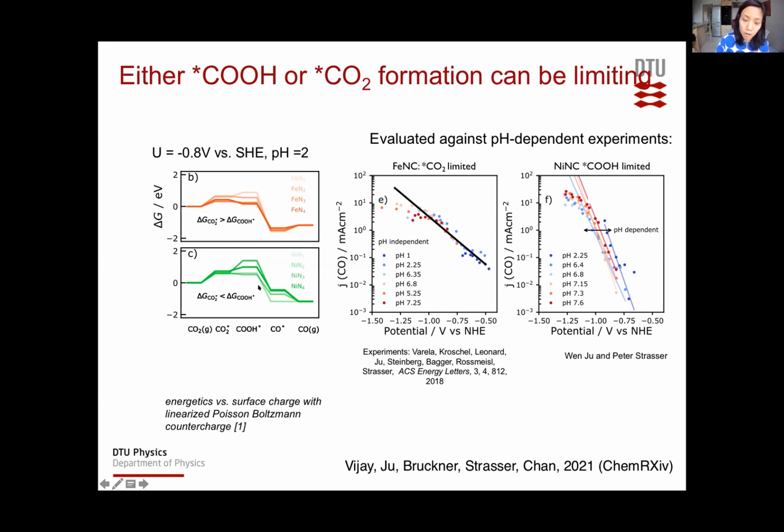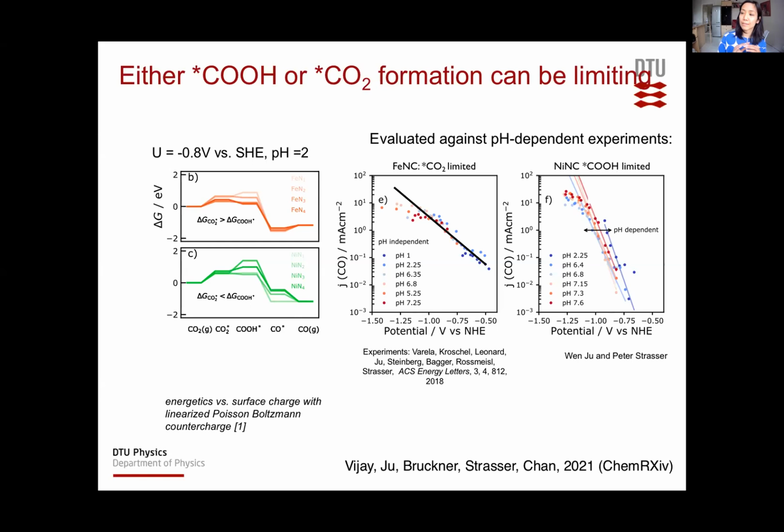Whereas for almost all of the site motifs that we have considered for nickel, it is the COOH formation step that is rate limiting. Since this step would involve a proton-electron transfer, we would expect a pH dependence. This is consistent with what is seen experimentally, in data taken by Peter Strasser's group, where they see no pH dependence on iron and a pH dependence for the nickel nitrogen carbon.